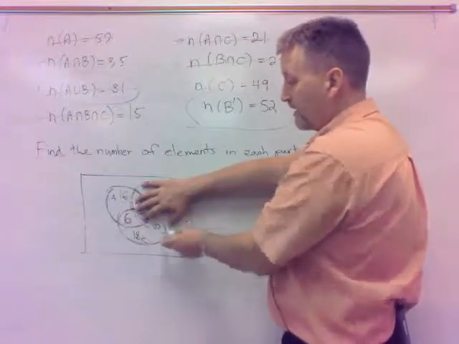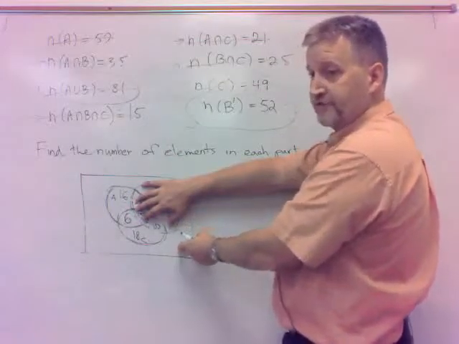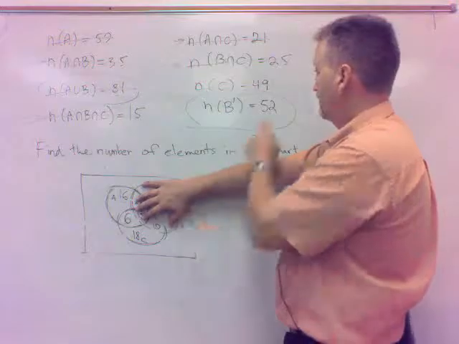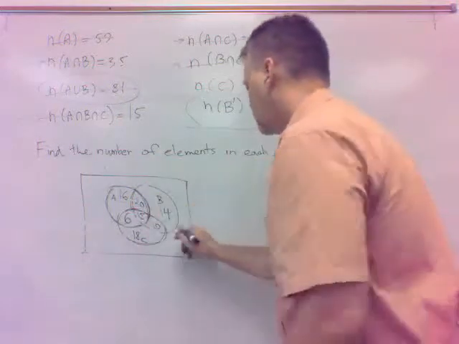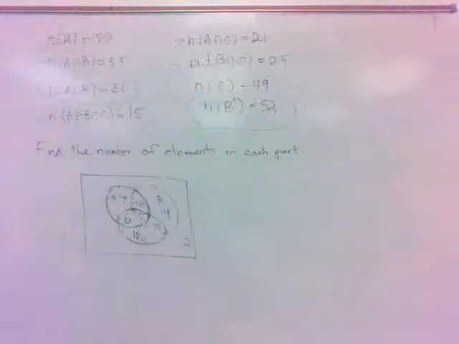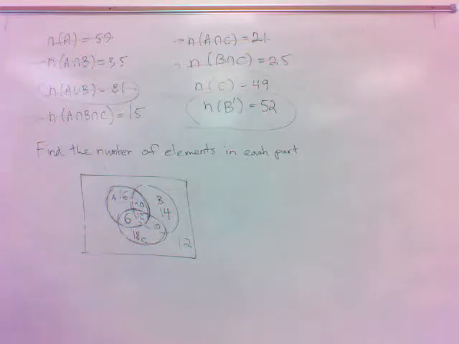So if these are 40, what goes out here then? Because that's also on the outside. It needs to be 52, so if those are 40, this needs to be 12, doesn't it? There you go. So it's just kind of a putting the pieces of the puzzle together problem. How's that? Question or concern?